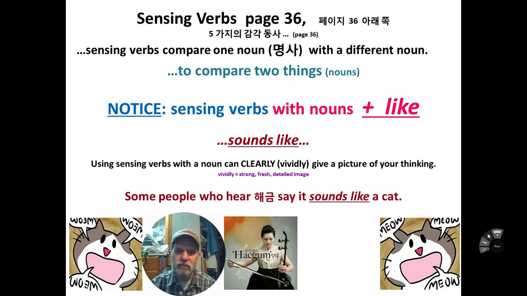Vividly means a strong, fresh, detailed image. You're thinking about something, you describe it exactly, vividly. It gives the person you're talking to a clear, exact, strong picture of what you are thinking, or maybe your opinion.